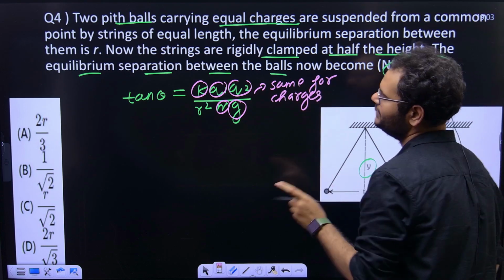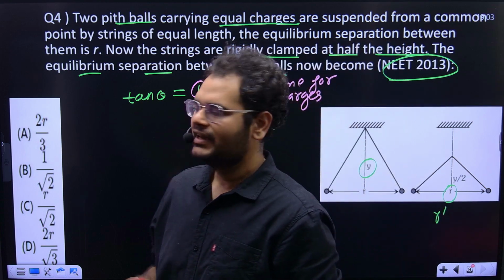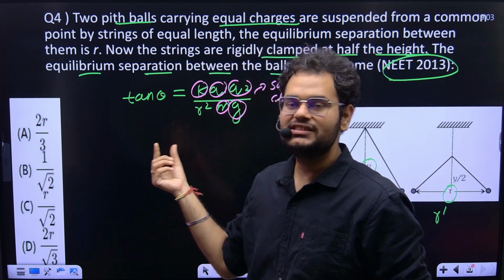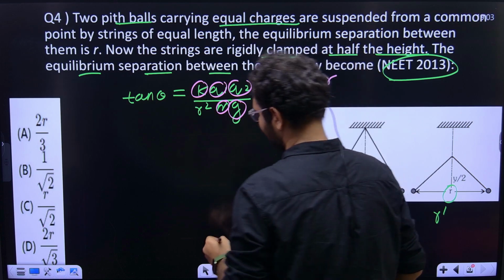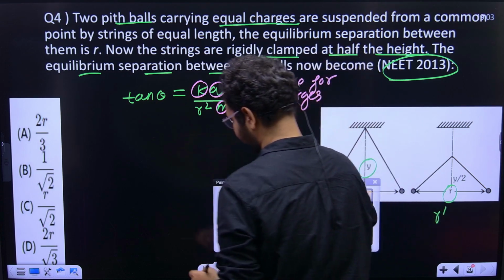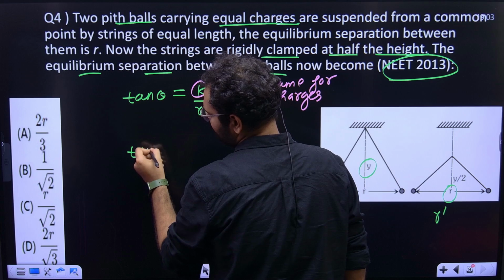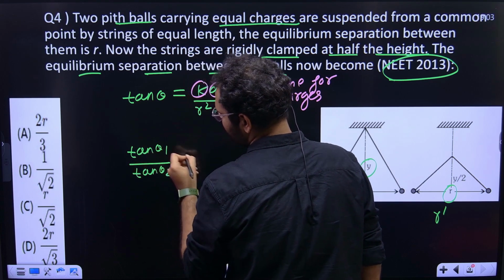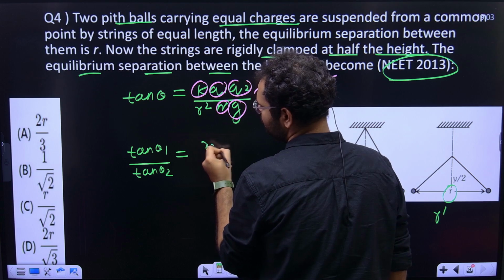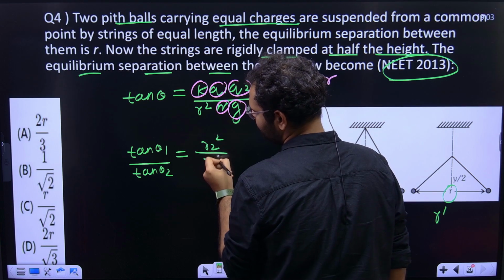What is different is this R square, and if the separation is different, theta is also different. So can I say that tan theta 1 upon tan theta 2, very important, is equal to R2 square by R1 square?